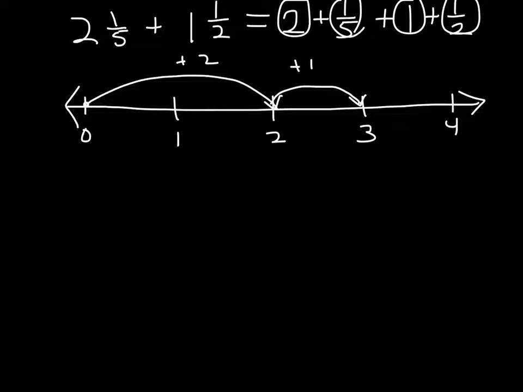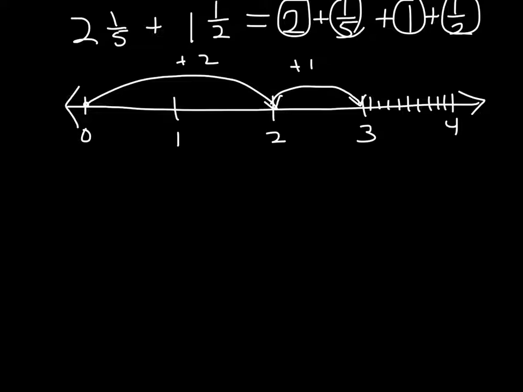Now I know from last night's lesson that the common denominator that I should be using is tenths, so I'm going to have to chop this whole up into 10 parts. 1, 2, 3, 4, 5, 6, 7, 8, 9, and then 10 tenths is at 4.